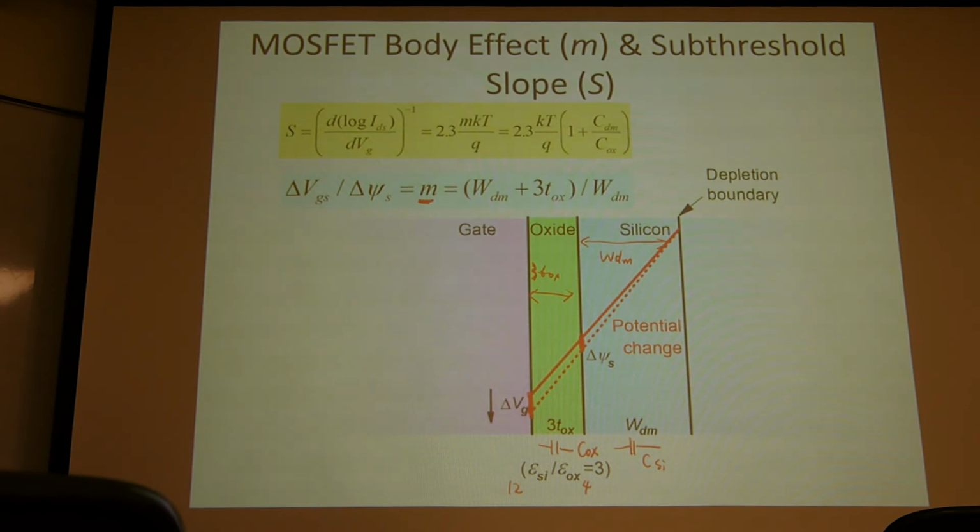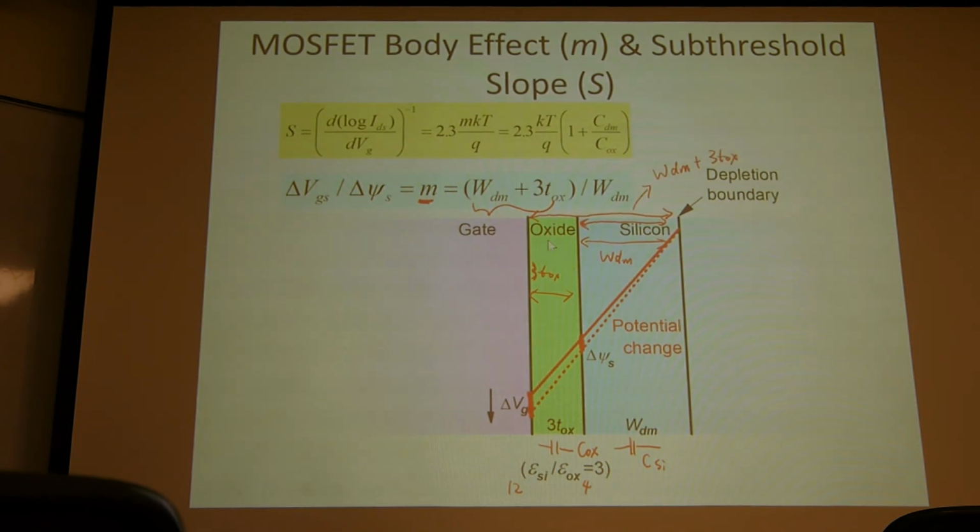It's a voltage divider. So because the gate voltage, you have a total thickness 3 t_ox plus W_DM, that's the total thickness here. And then part of the voltage drop on the phi S. Which part? This part. It's just a voltage divider concept. So total distance is W_DM plus 3 t_ox.